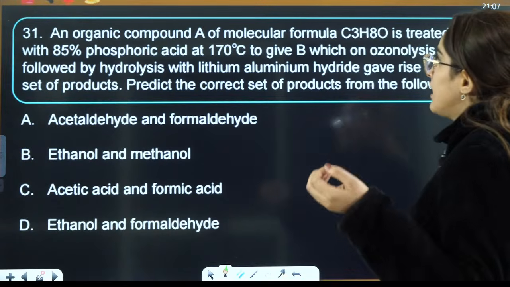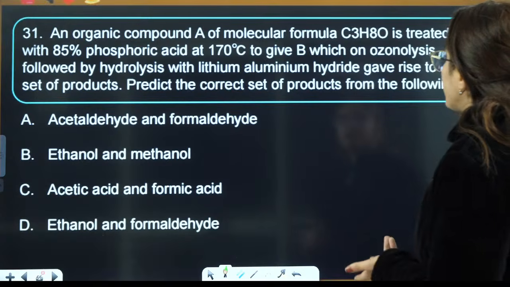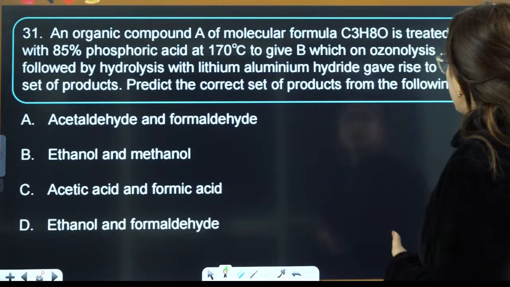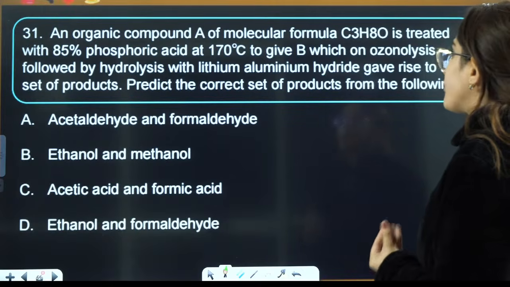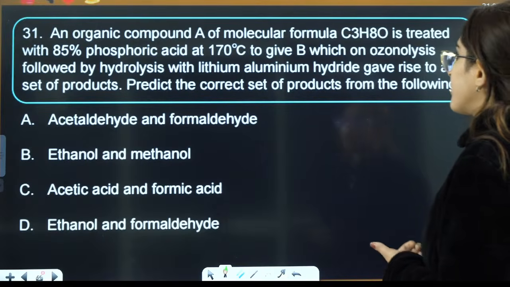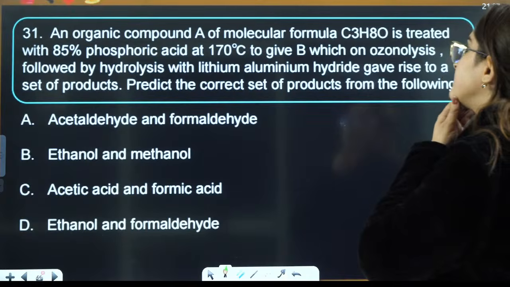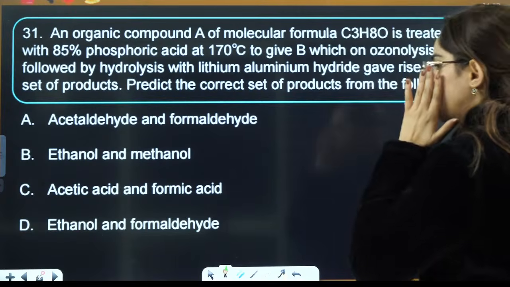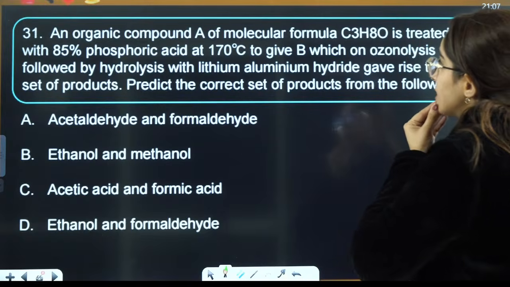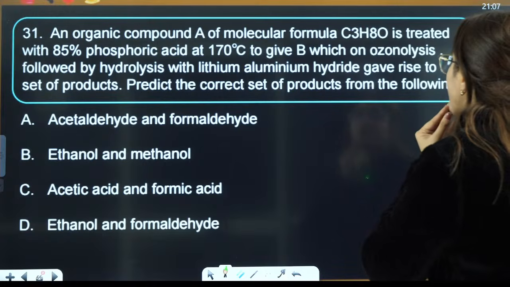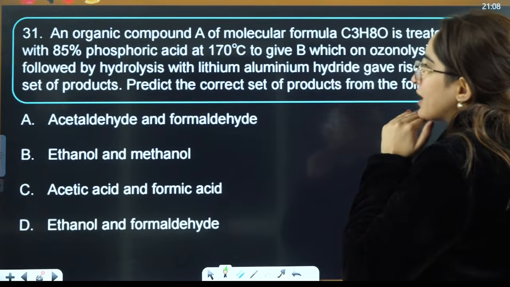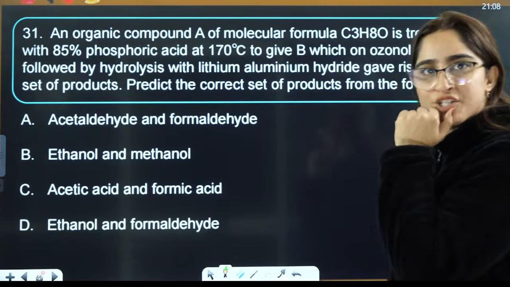So, an organic compound A of this molecular formula is treated with 85% phosphoric acid to give B, which on ozonolysis followed by this gives rise to a set of products. Organic compound A is treated with 85% phosphoric acid. That means it is undergoing dehydration.